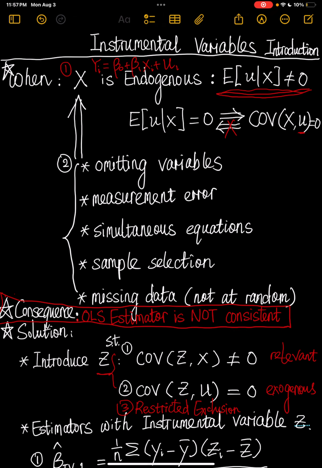I would also mention that when we see this error term, we know that we also have another thing called the residuals, right? So u_i hat. Actually, u_i hat is also a random variable, and this error variable u_i and the residual u_i hat are two different random variables.